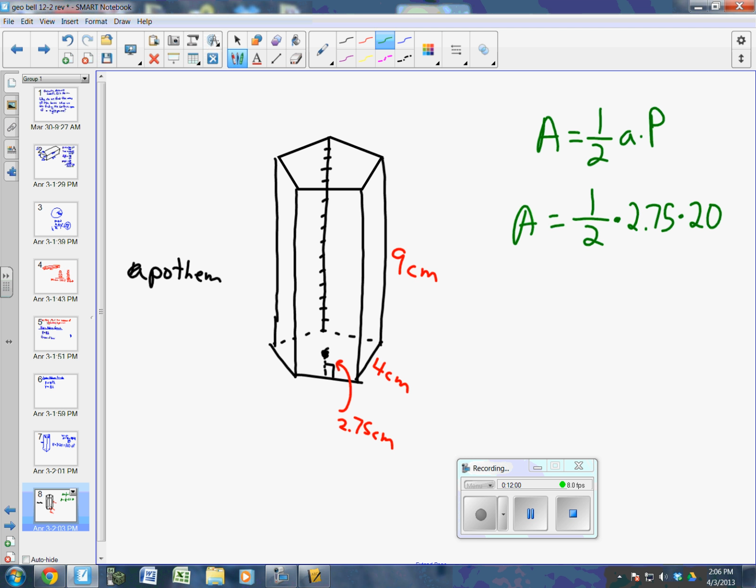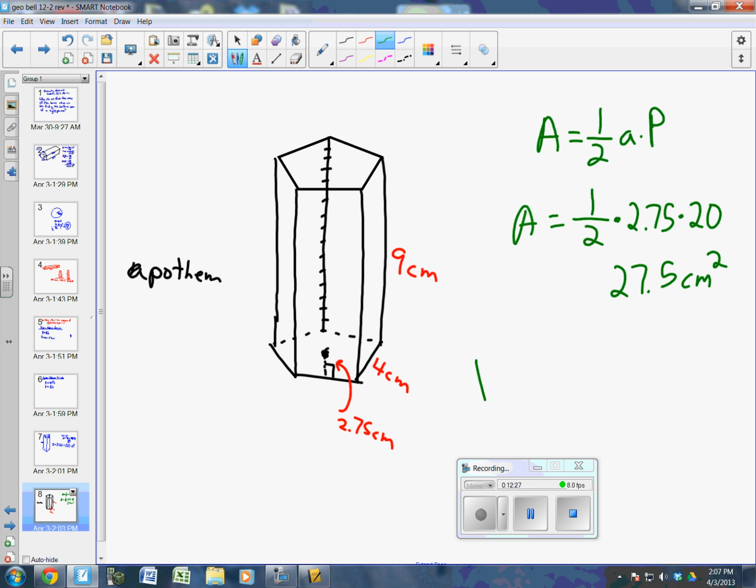Someone calculate that for us. Is that the right answer? I went 1/2 of 20 is 10, and 10 times 2.75 is, I'm going to move the decimal one place to the right, right? 27.5 square centimeters.